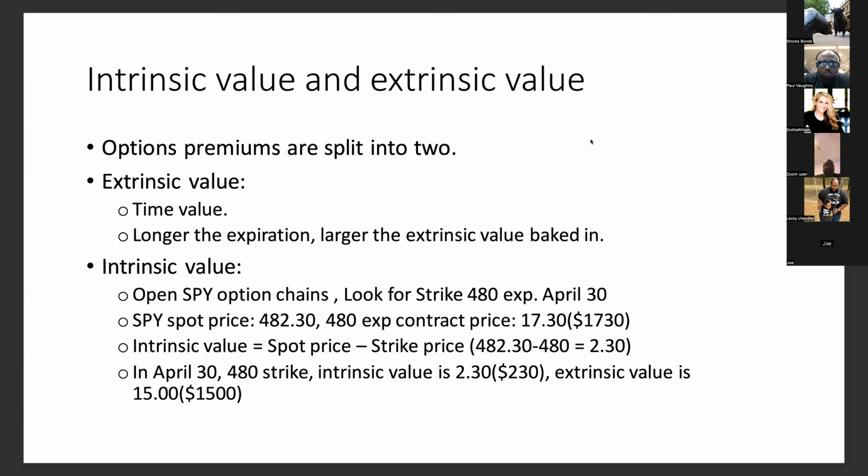So if you want to calculate it, open any stock of your choice. If you trade Apple, open Apple. If you trade Tesla, open Tesla. Look at the current price and pick any in-the-money strike price. Take Tesla, for instance. I think Tesla closed at $212. So open Tesla and look for the 205 strike price, which is in the money. Let's say the 205 strike price is going for somewhere around $900.